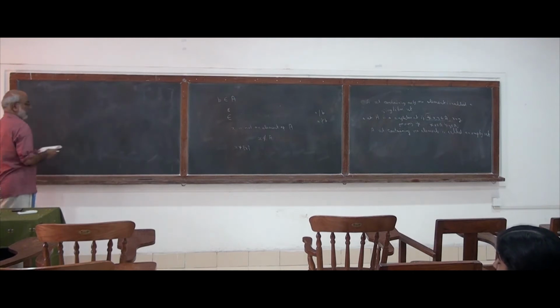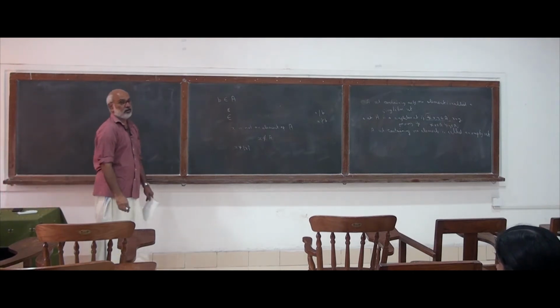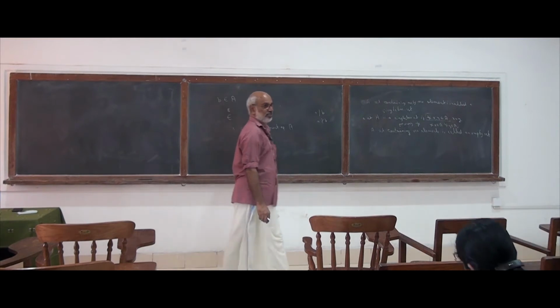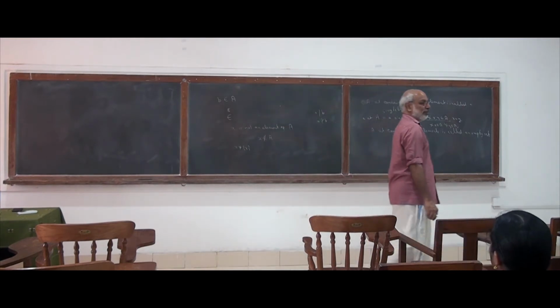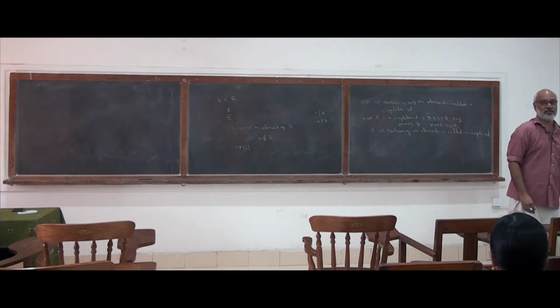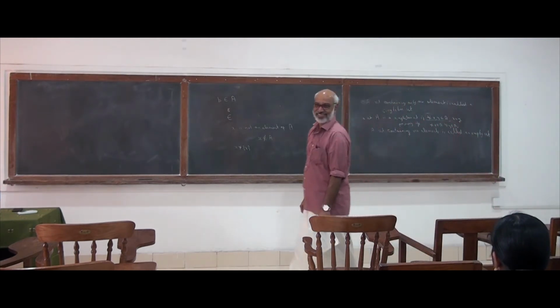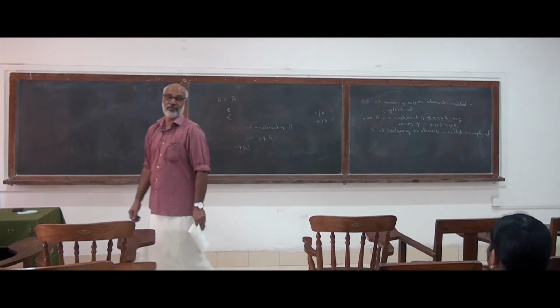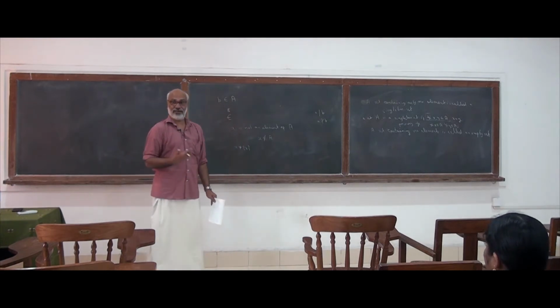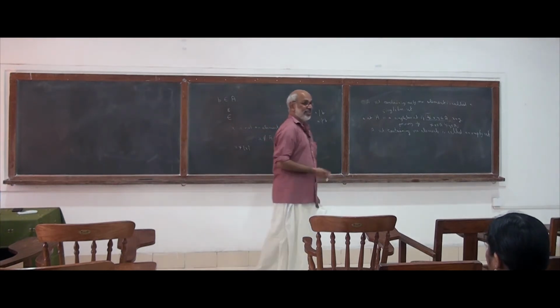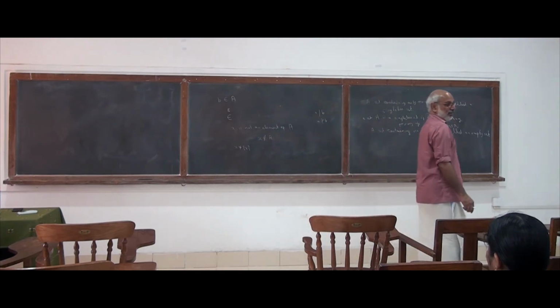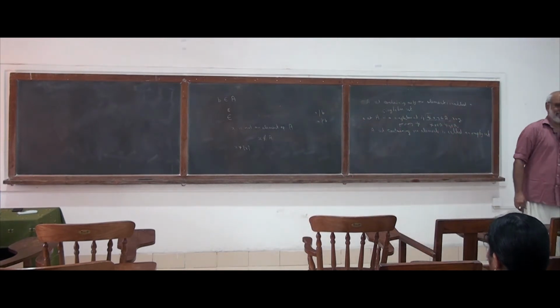There is another, this roster method of representing a set, is possible only if the set is finite and also if it contains only a few elements. If the set is big, even when the set is finite but it is very big, then this method is not feasible.